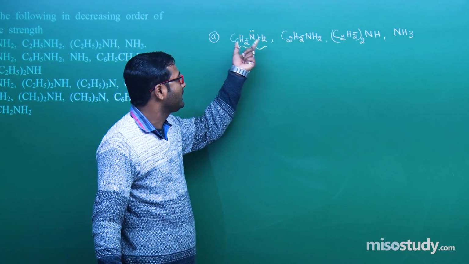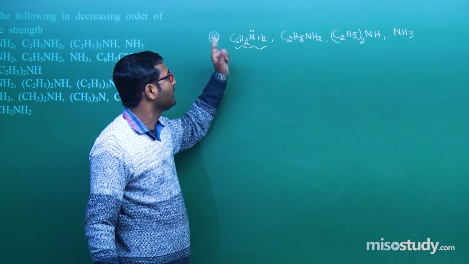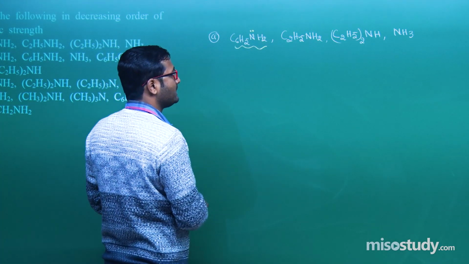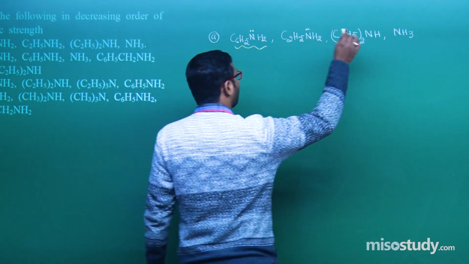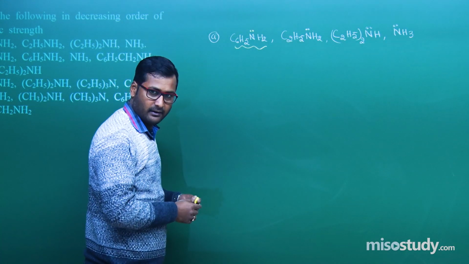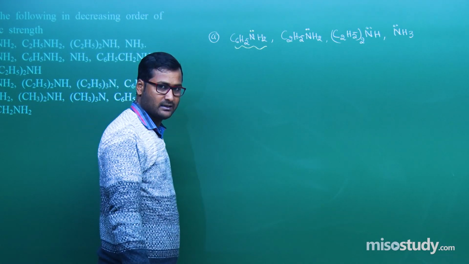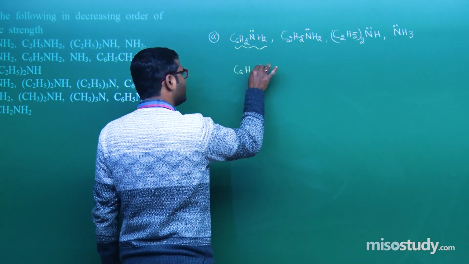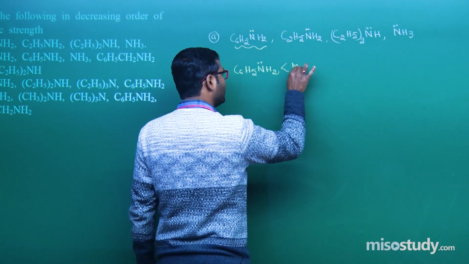So aromatic amine, that is aniline, is less basic because there is a delocalization of the lone pair of electrons over the entire benzene ring. Clear? Due to this reason it will act as a weaker Lewis base. So C6H5NH2 will have less basic character.